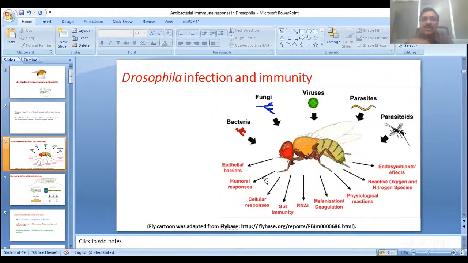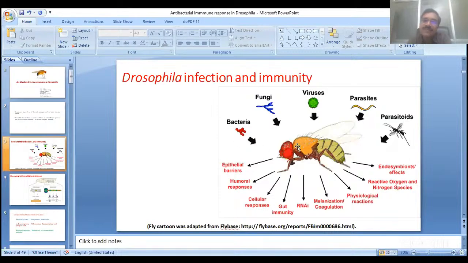Just look at this slide. It shows the different infections, including bacteria, fungi, viruses, parasites, parasitoids, similar to all organisms. Drosophila, being an insect, also has these threats from microbes, which all infect this fly.